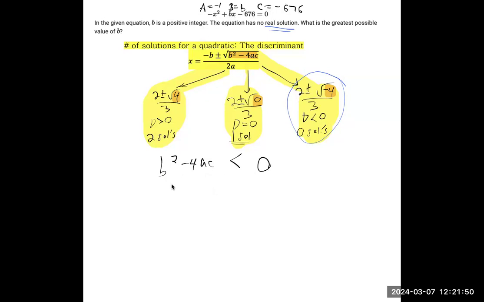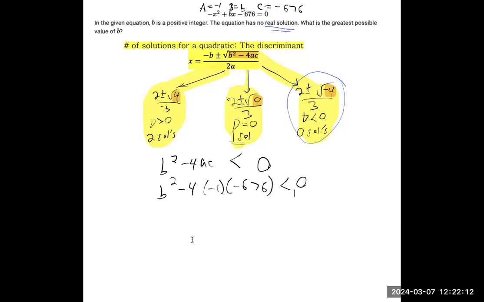So b squared minus 4ac, that's b squared minus 4 times -1 times -676.